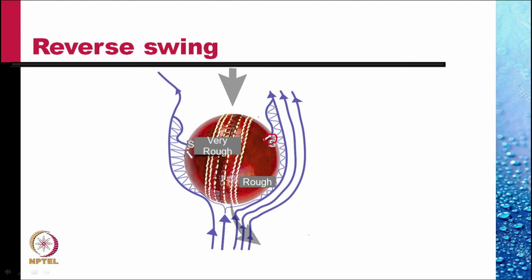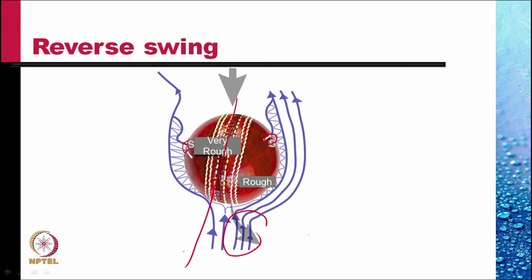On the very rough side, again the transition takes place, but on the very rough side, the skin friction is now predominant. There is a large skin friction, and because of which we get a side force that tends to move the ball in the opposite direction than you would expect from the orientation of the seam.